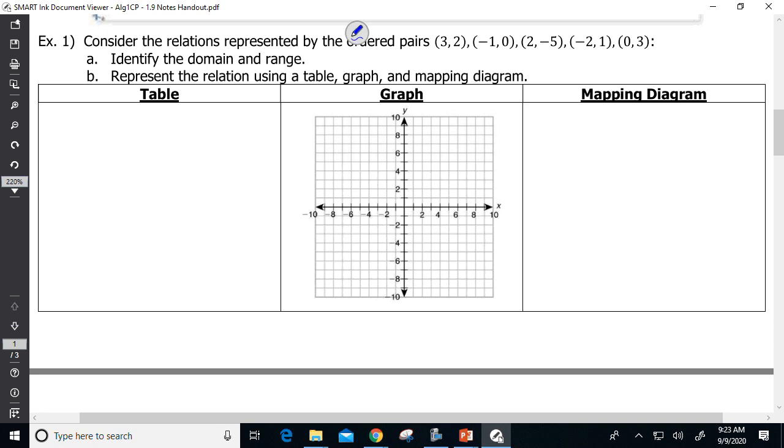First, we're going to identify the domain and the range, and then we're going to draw these ordered pairs using a table, a graph, and a map.